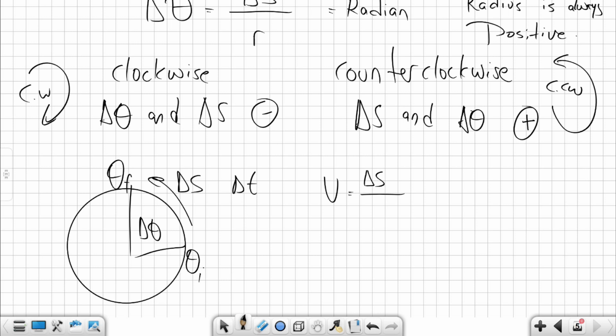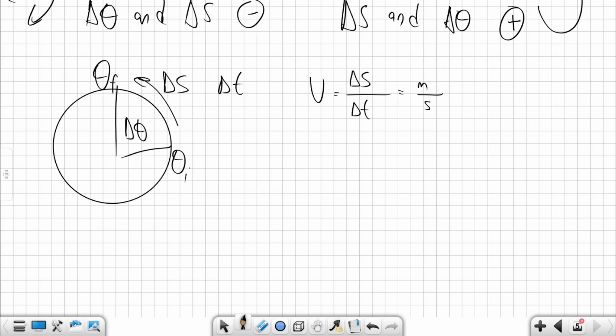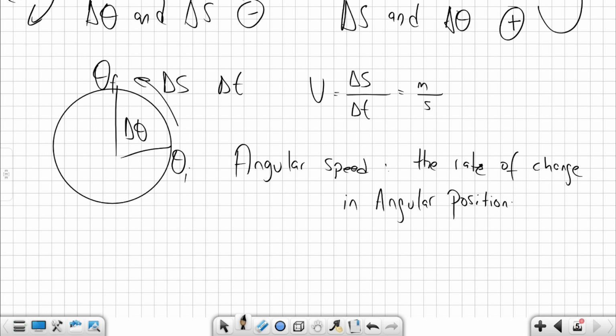Linear speed will be equal to delta S over delta time, which is meter per second. It describes how quickly an object moves, and there is another quantity called angular speed. Angular speed can be defined as the rate of change in angular position. We said that whenever we have a rate, it means something is being divided by delta time.